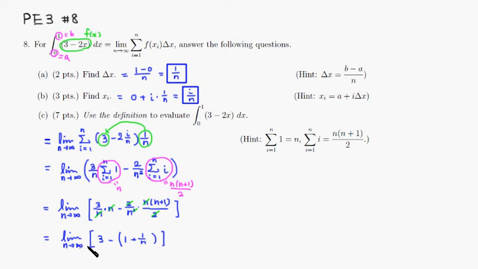As n approaches infinity, we know that the 1 over n approaches 0, because 1 divided by a big number is small. So what's left is 3 minus 1, which is 2. So that's the value of this definite integral. All right, that's it. I hope that this was clear.